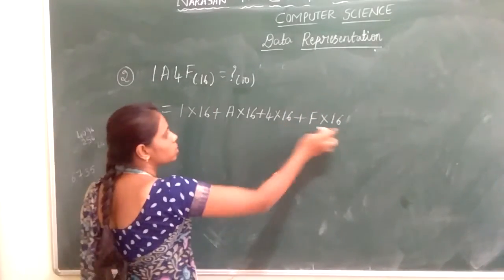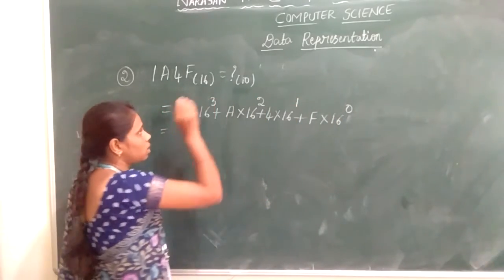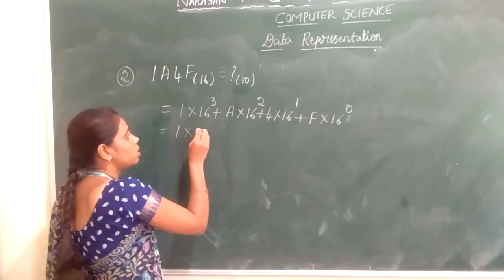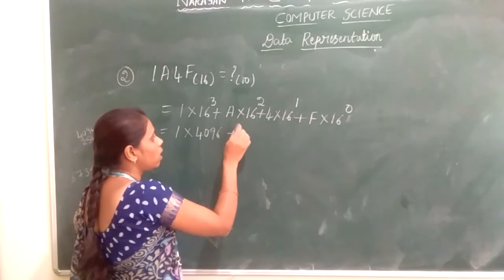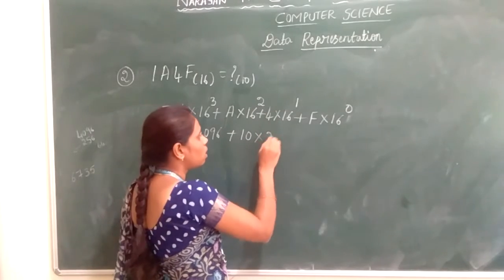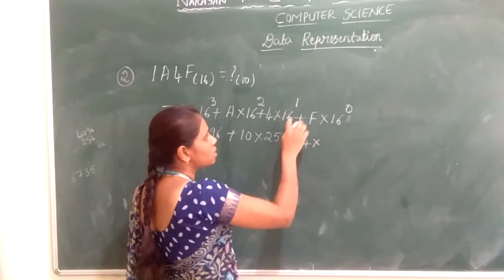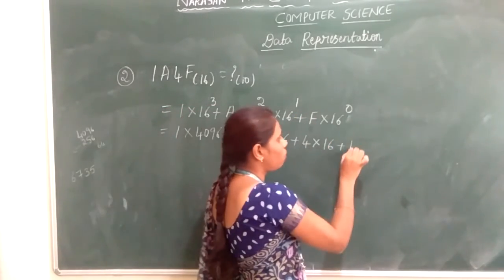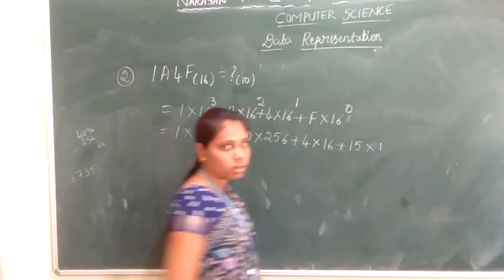Now write the positional values as 0, 1, 2, 3. Now expand this. 1 into 16 into 16 into 16 is 4096, plus A value is 10 into 16 into 16 is 256, plus 4 into 16 power 1 is 16, plus F value is 15 into 16 power 0 is 1.